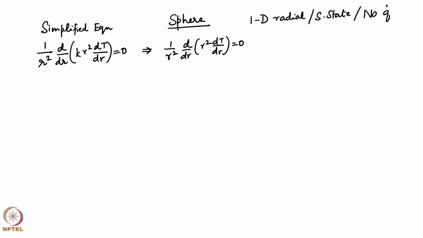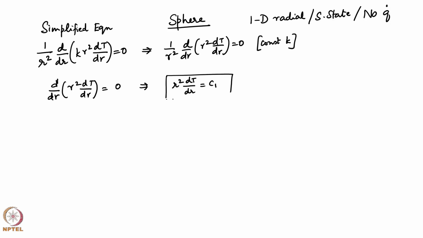You will see the constant thermal conductivity k has come out, and then with one integration, d by dr of r squared dT by dr is equal to 0, which means r squared dT by dr is equal to C1.